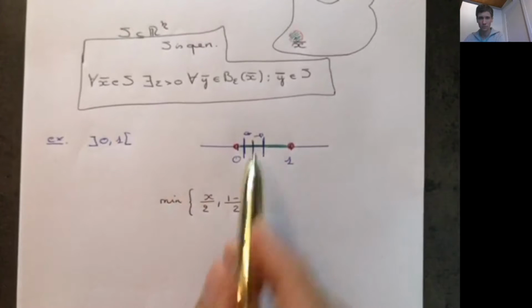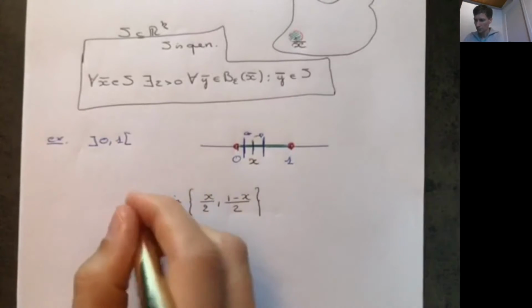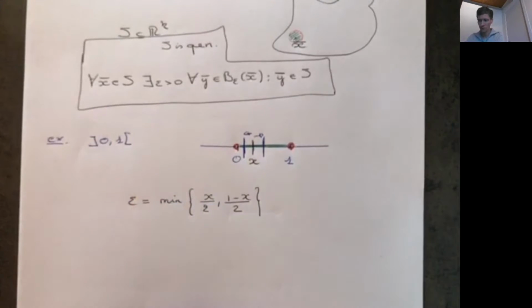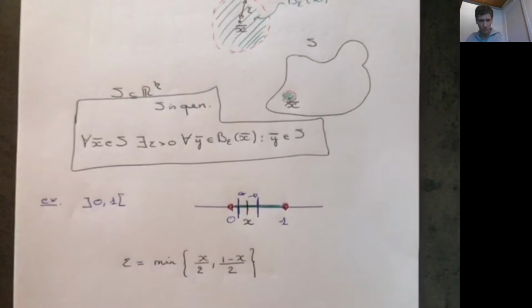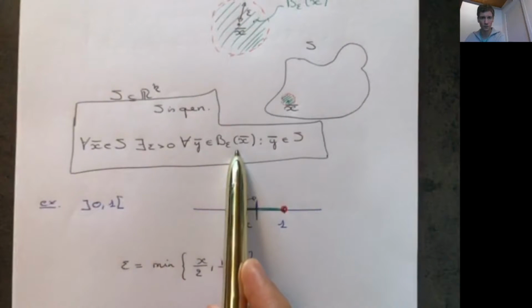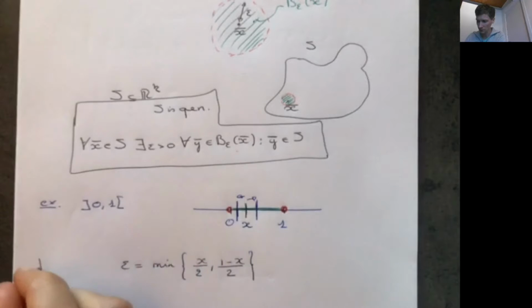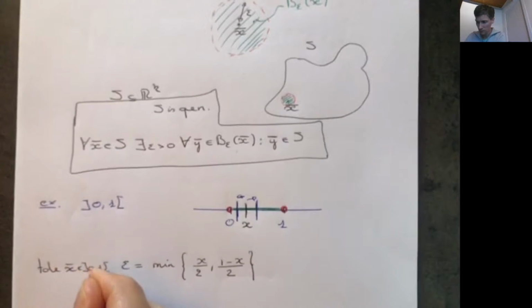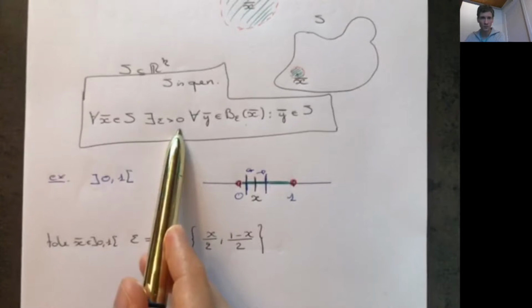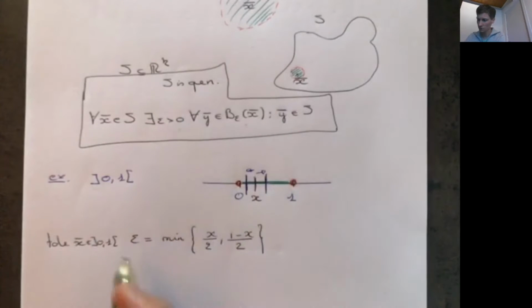Right, this should still allow me to go epsilon far away but not cross the 0 or the 1. So let's show that this indeed satisfies this definition. Right, so I have taken an x, given this x I need to find an epsilon that satisfies this definition.